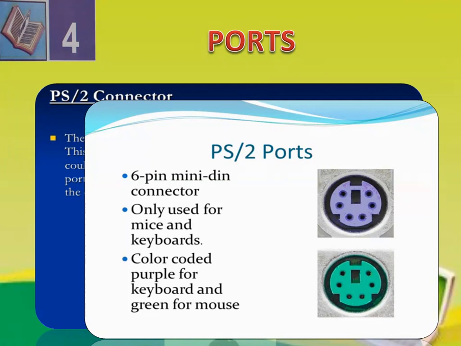So you can attach your mouse with the help of this green port, which is called the PS2 port, and the purple connector can be inserted here, and this is the keyboard port. So PS2 is a type of port for connecting keyboard and mouse, which is still used in many computers. And nowadays it is replaced by USB ports as well.